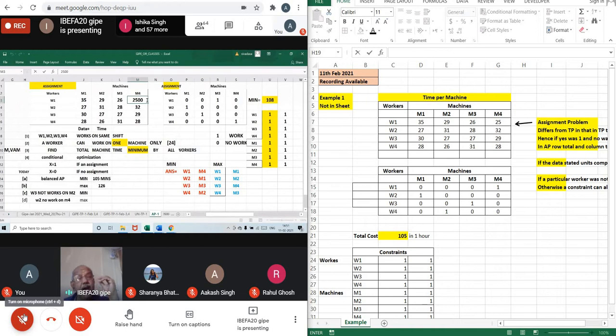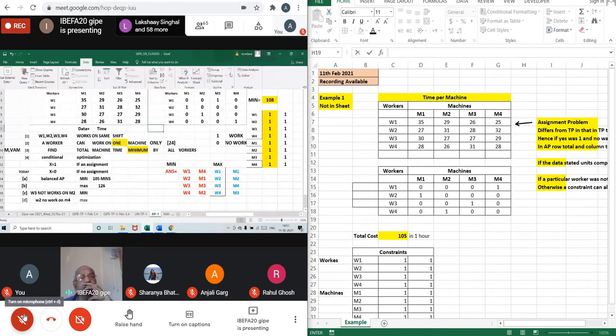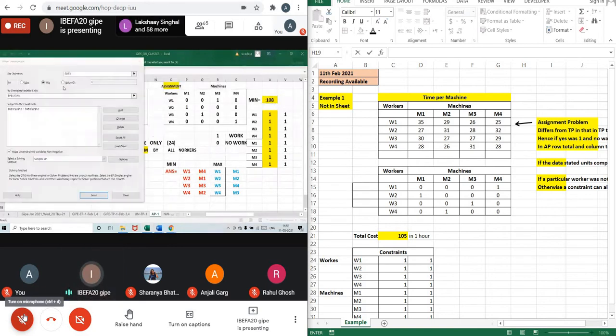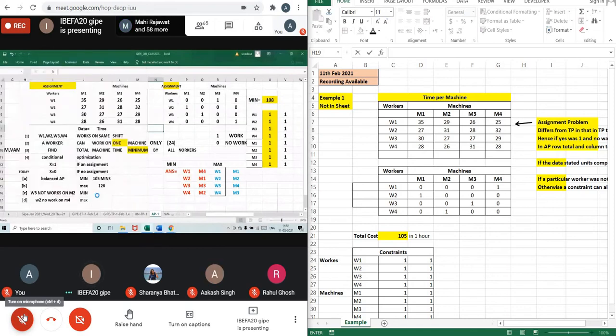On the other hand, if these are the products to be manufactured in an hour, then the problem is maximization. In a maximization problem, we have seen the total comes out to be a maximum of 126. Worker 1 will get M1, worker 2 will get M2.